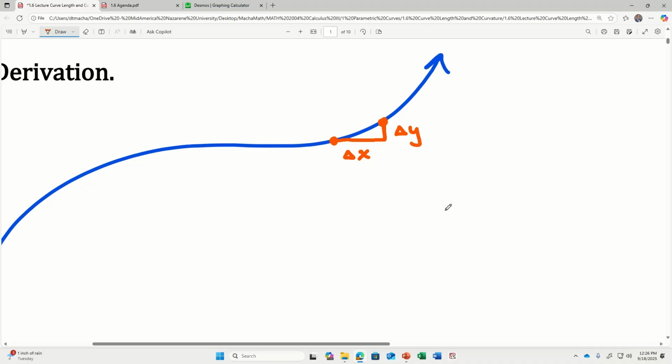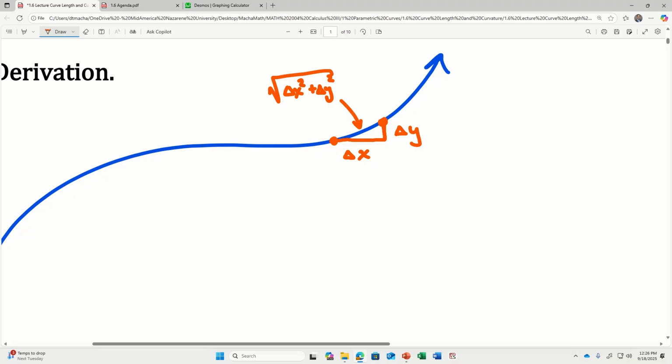That's the idea. So now just imagine for a second that we really did zoom in close enough so that that blue part looks like a line segment. Well, then the length of that blue line segment is going to be the square root of delta x squared plus delta y squared, because of the Pythagorean theorem, saying that's a right triangle.